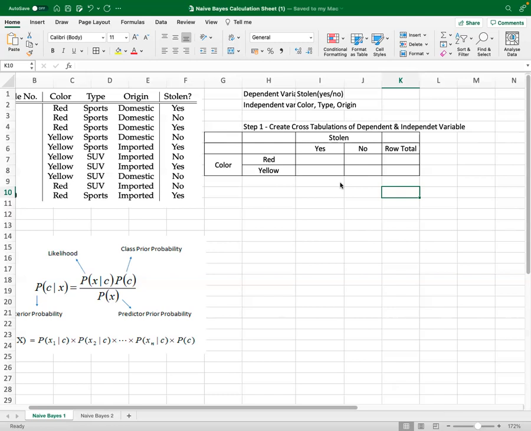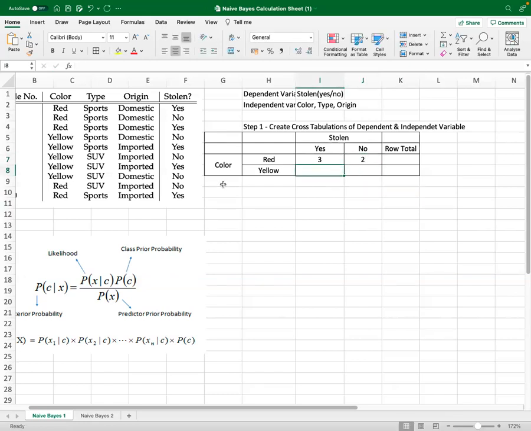How many reds are stolen? Reds that are stolen are 1, 2, and 3. 3 reds are stolen. How many reds are not stolen? 1, 2. 2 reds are not stolen.